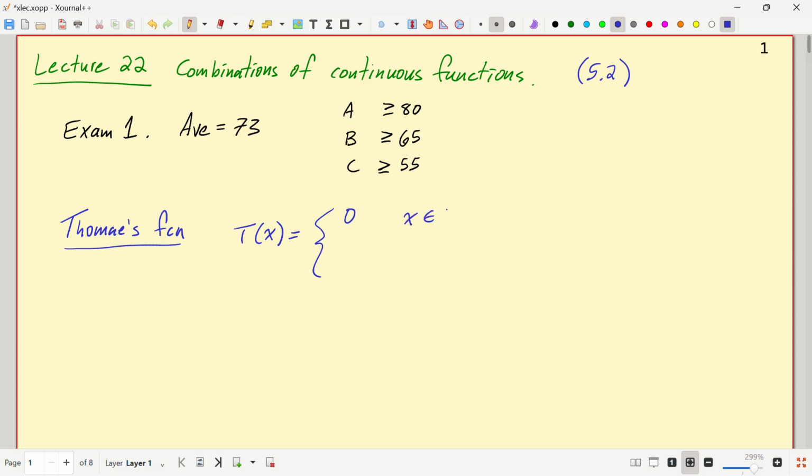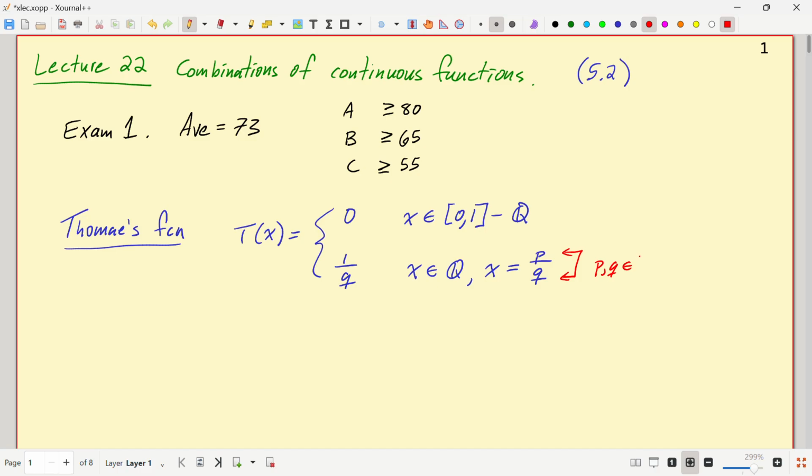So that would be, let's do it on the interval from 0 to 1, minus the rational numbers. And it's equal to 1 over q if x is a rational number, p over q, where p and q are positive integers with no common factors. There's a unique way to do that.